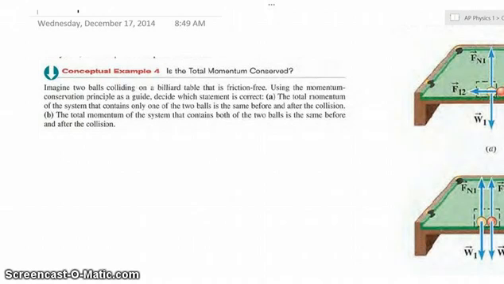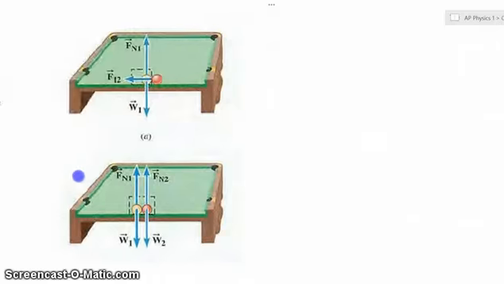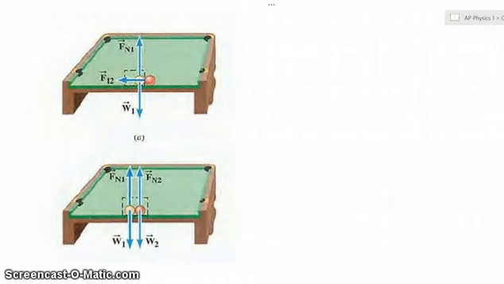B, the total momentum of the system that contains both of the two balls is the same before and after the collision. So this is a nice way of checking whether or not we understand the definition that they just gave us. In this case, the weight and the normal force are external forces.